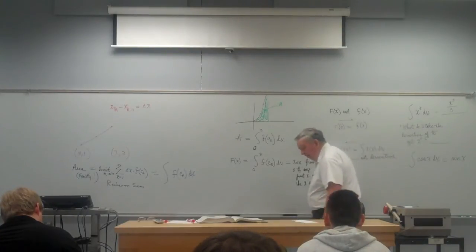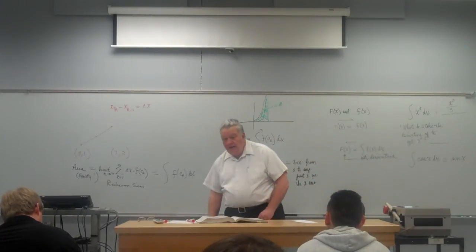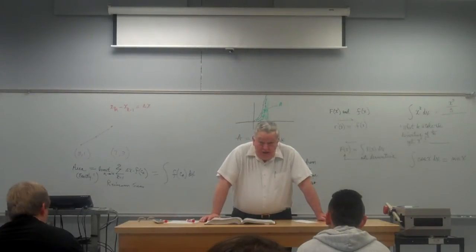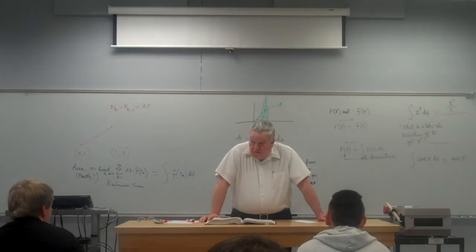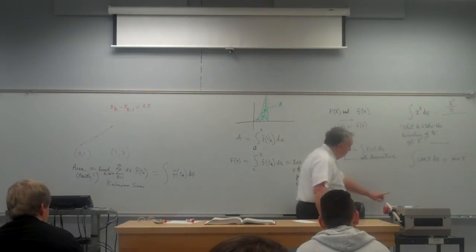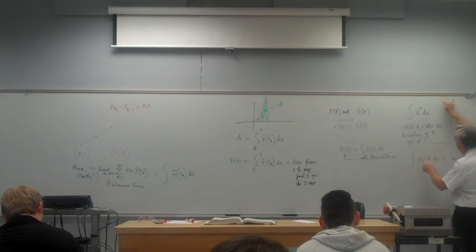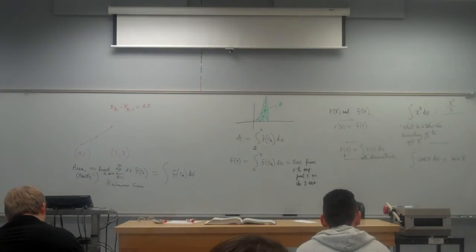Okay? Now, Travis said, don't you add a constant? Here's my question, one more time. Tell me how to check your answers. I take the derivative of this, and I had better get this. Is that right? Right.